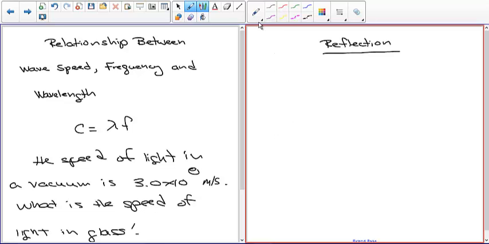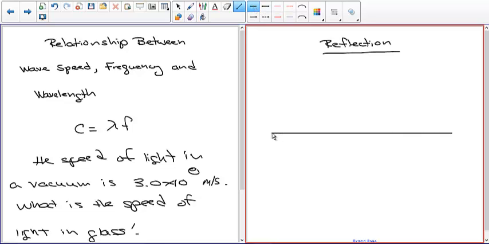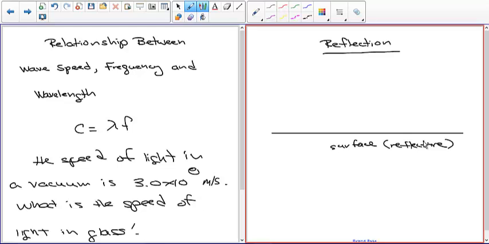So how does reflection work, and how do we predict what's going on? It's pretty simple. So you have some kind of surface. So this is your surface. And we're going to say it's reflective. We kind of know what that is, like a mirror.